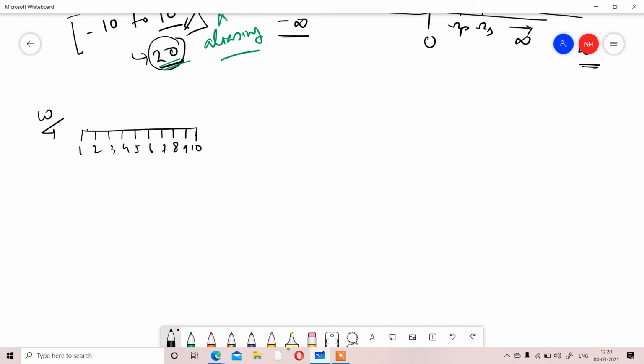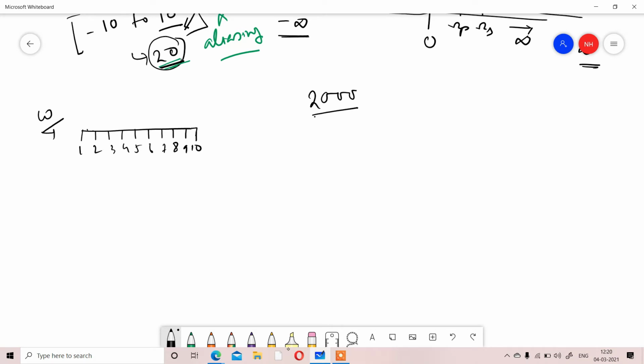digital omega. Now you have analog omega from minus infinity to infinity. So suppose, or simply, 2000. Just for example I am considering that 2000 defines from minus infinity to infinity.